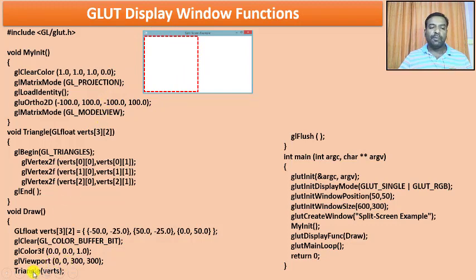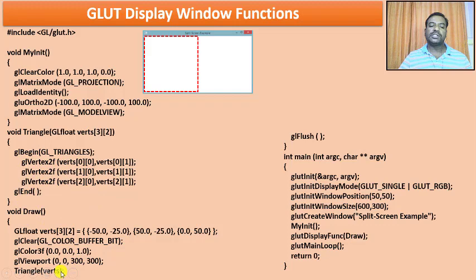And using this viewport, I am going to draw a triangle by passing these 3 points as a parameter. Hence now the triangle will be called by passing the 3 points and using glBegin to draw a polygon as a triangle and passing these 3 points. So you need to understand how I am drawing a triangle here.